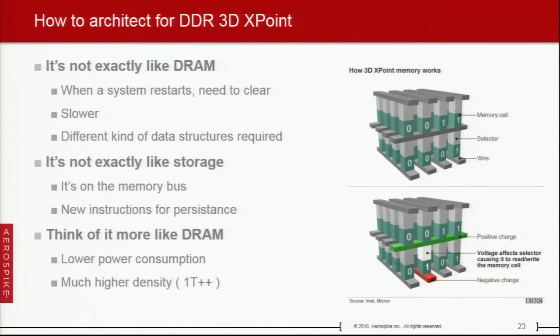In most cases, I think the interesting approach is to think of it a lot more like RAM than like storage. In particular, in the Aerospike architecture that we're starting to work on with Intel and the simulators, I'm thinking about it more like an index. Having a hybrid system that uses NAND as your bulk store, but uses the fast update speed, parallelism and low latency of this device, right?